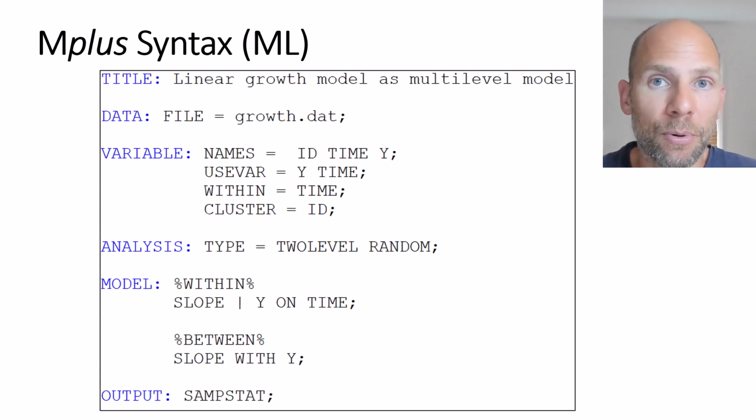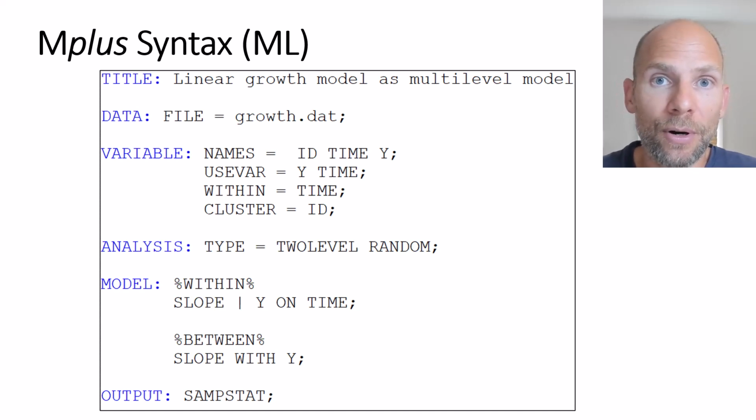In this case, that's the person ID variable. Next, we have to specify analysis type equals 2-level random, because this is a 2-level model with a random slope. And so we have to tell Mplus that that's the case. And then in the model statement, we have both a level 1 model, that's the within model in Mplus.